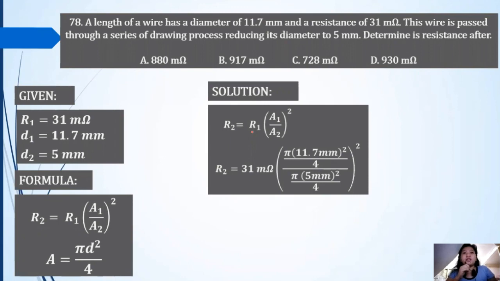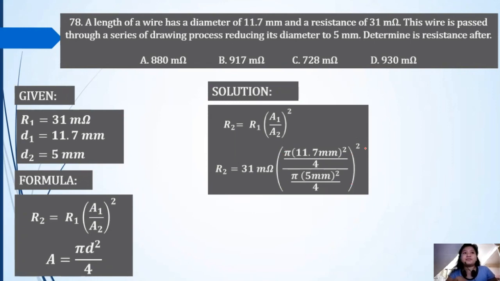We have here the R1, which is 31 milliohms, and then the area of number 1, using the diameter 1, which is 11.7 millimeters. So we have pi times 11.7 millimeters squared over 4, all over the area of diameter 2, which is 5 millimeters. So we have pi times 5 millimeters squared over 4, then close parentheses, and we will square it.